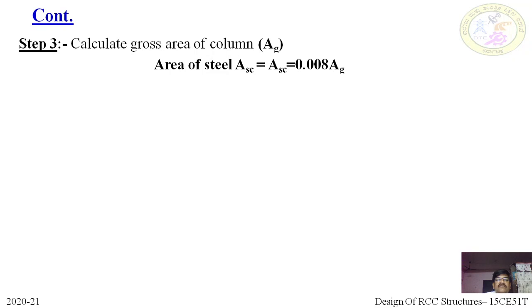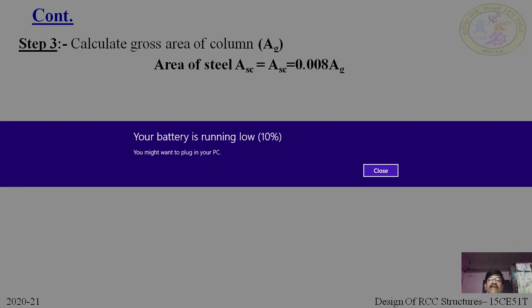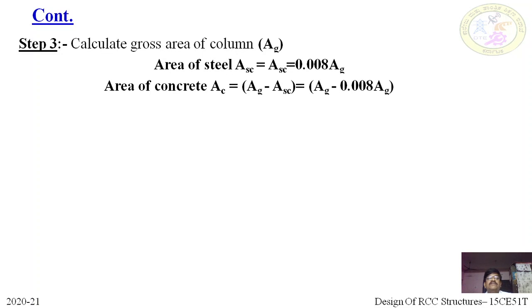To calculate Ag, we need Asc and also Ac. So the area of steel Asc is equal to 0.008 Ag. The area of concrete is equal to Ag minus Asc.